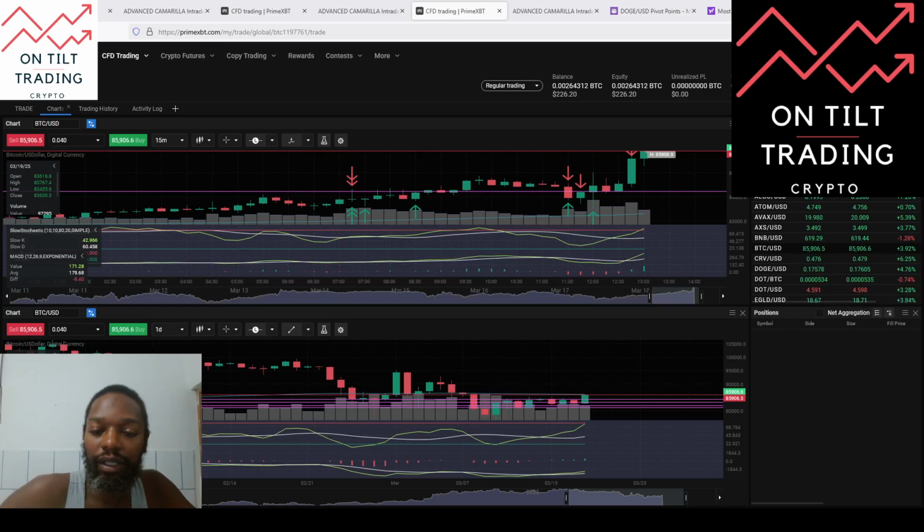And here, there's another pullback as Bitcoin sells below the R4 level. So I took another entry here where I had another Fibonacci retracement set up for this entry. Took the entry at the 0.764 level, but was stopped out.